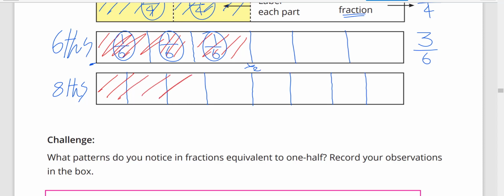That is one half. Each part is called eighth. So, how many eighths do we need to make half? 1, 2, 3, 4. So, half equals 4 eighths.